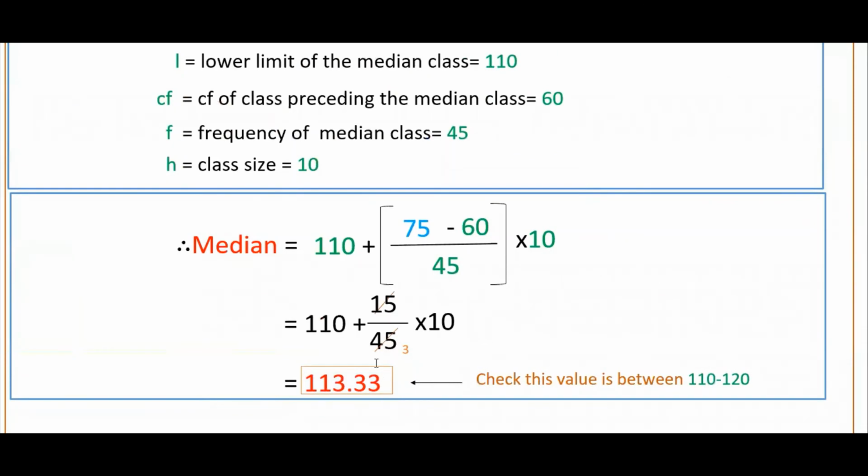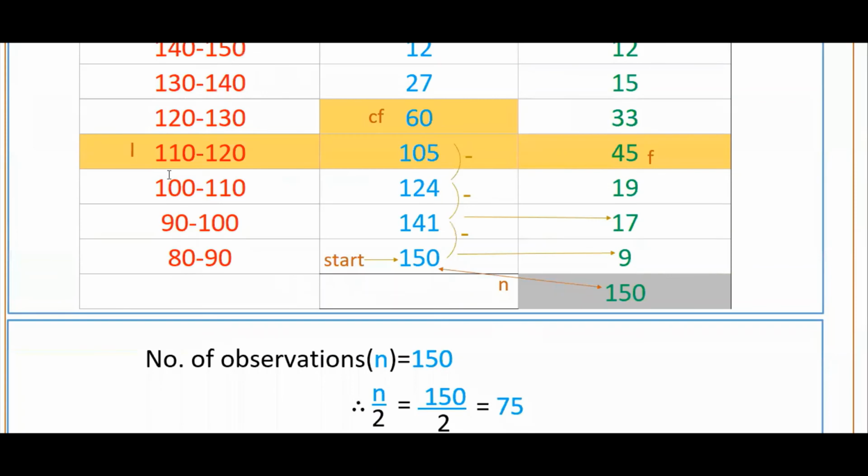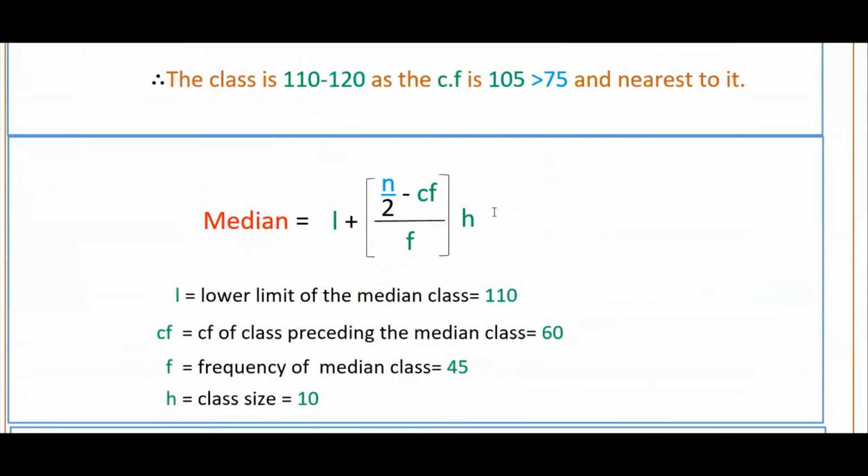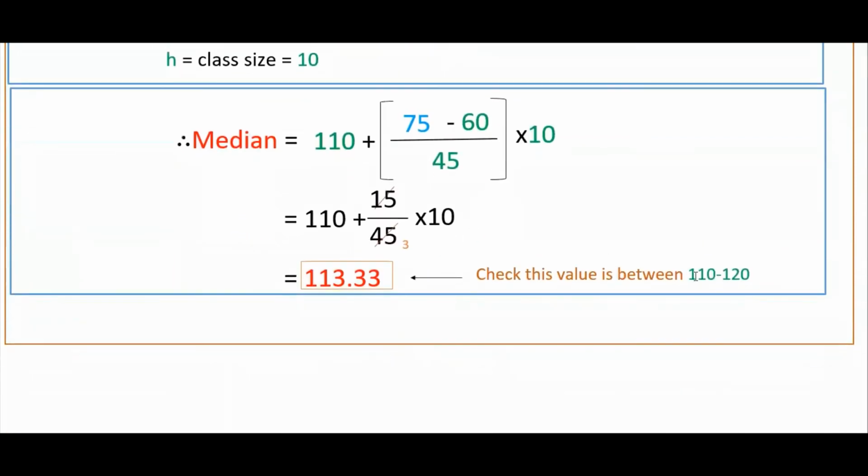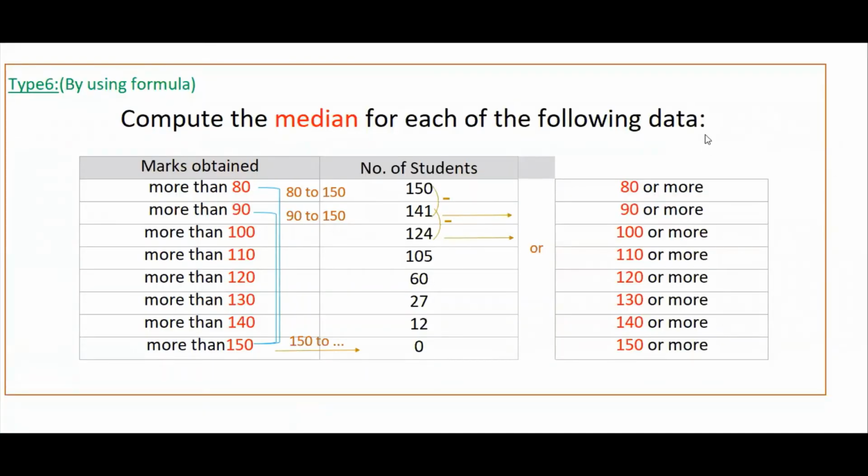So this value 113.33 is between 110 and 120. See here, this is the class interval, so the median value should be between these two values.